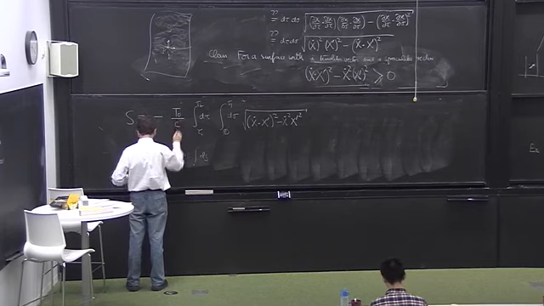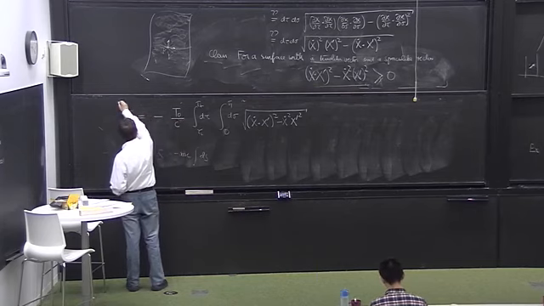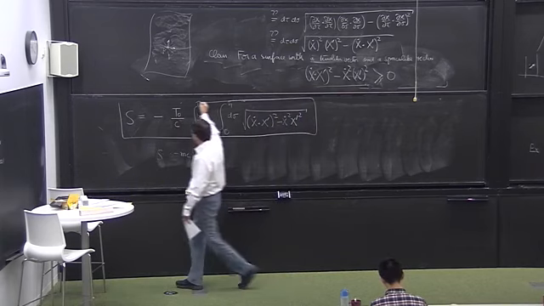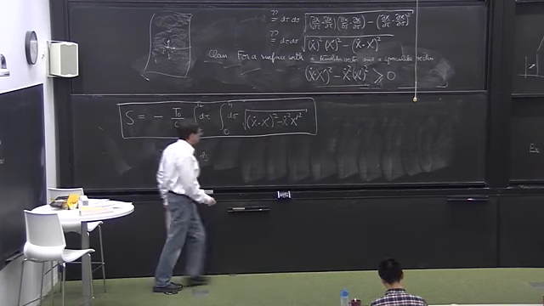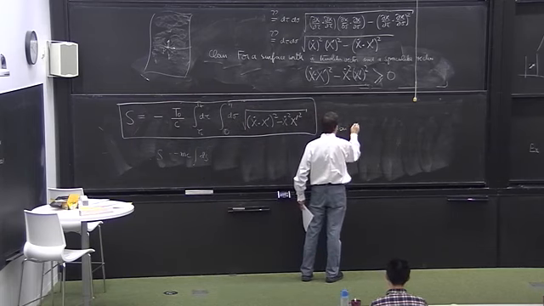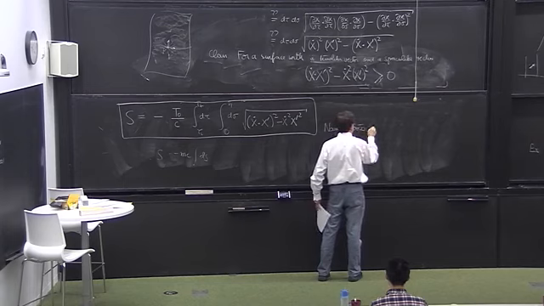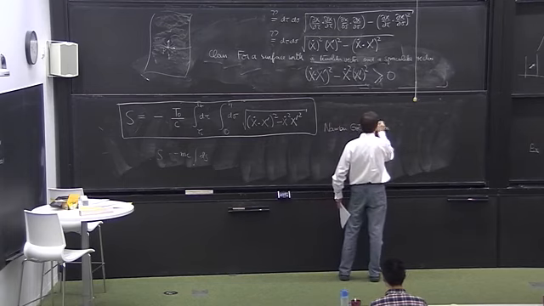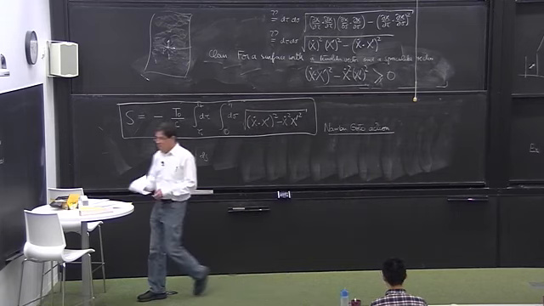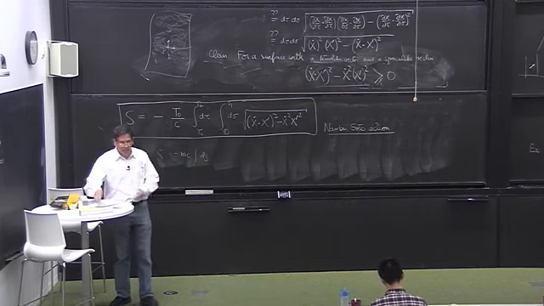And you need to put a c here. We'll discuss some of that later, but that is our final action. It's called the Nambu-Goto action, and it is the action for the motion of a relativistic string.